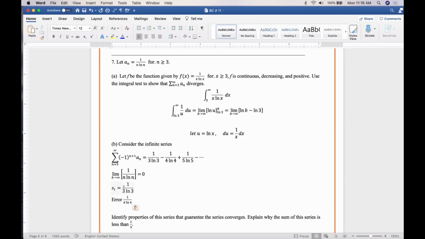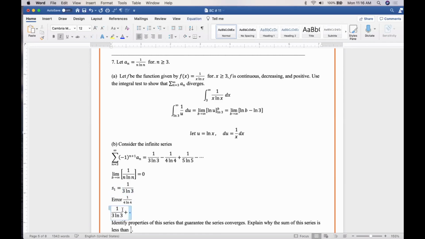The maximum is this plus that, plus the error. Make sense? If you add those two together, is that less or more than 1/3? Can anybody do it with the calculator and tell us the answer?